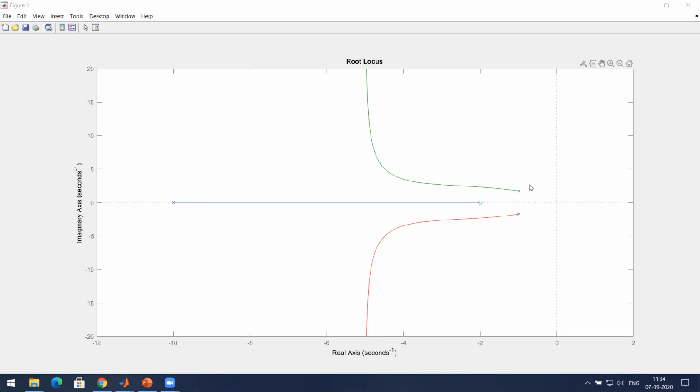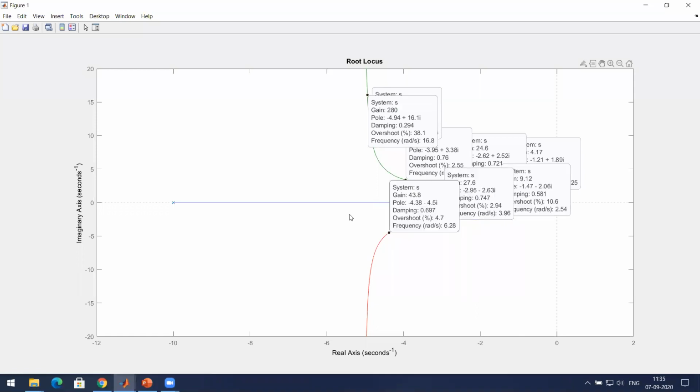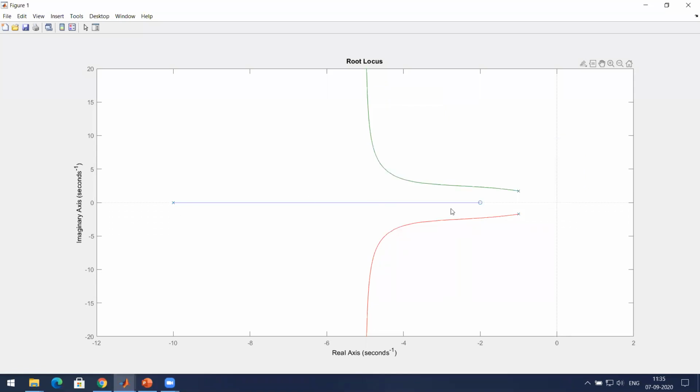If you change the gain of the system, you can see that the pole position is changing. Here is 1 pole which is going to the zero, and these 2 poles are going to infinity.